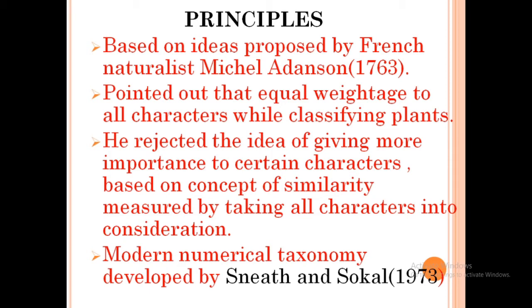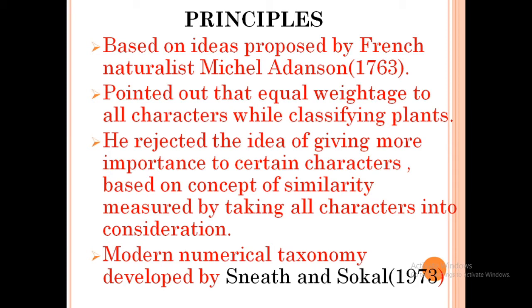Usually our system is like that: gamopetalae means petals united, polypetalae, petals free. So, stress is given to the union of petals only. But in this system, we also give weightage to all other characters. Understood? So, all characters are taken into consideration.